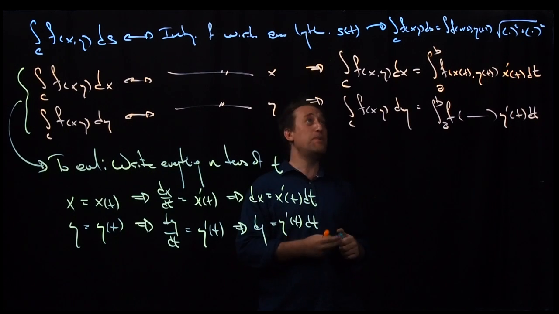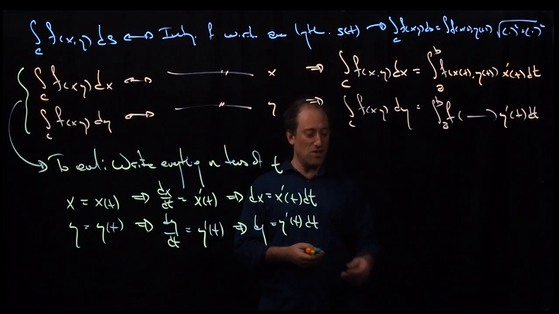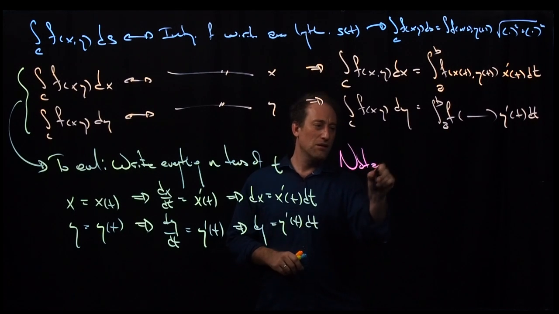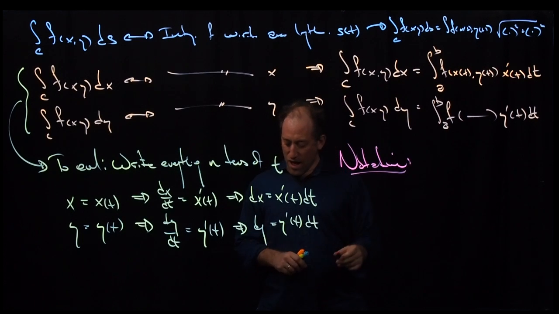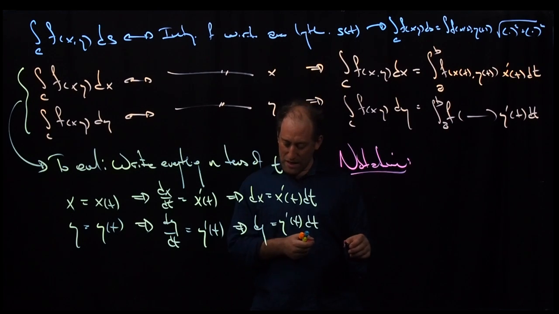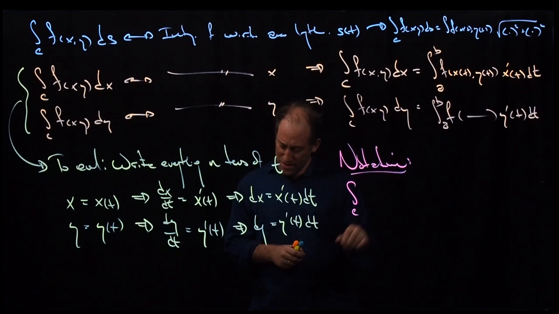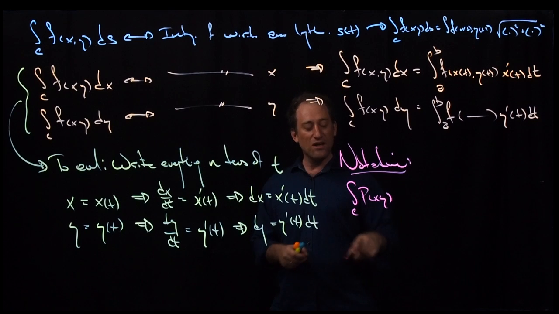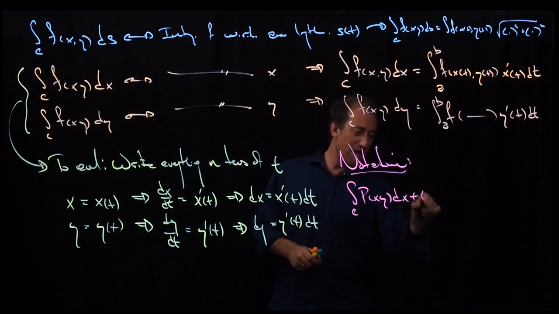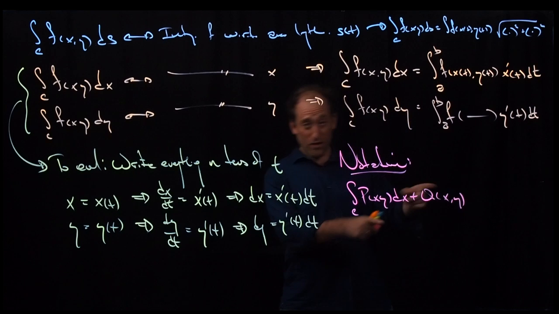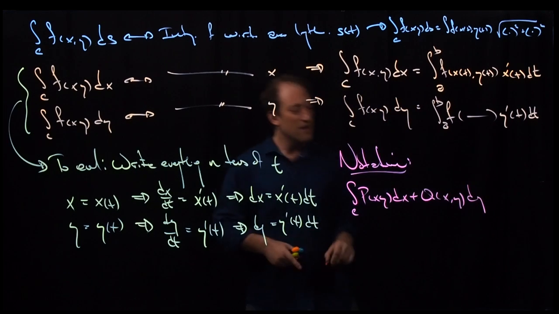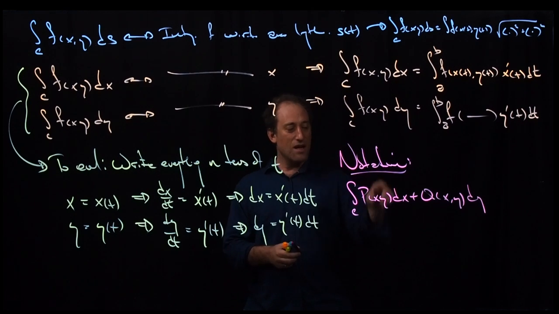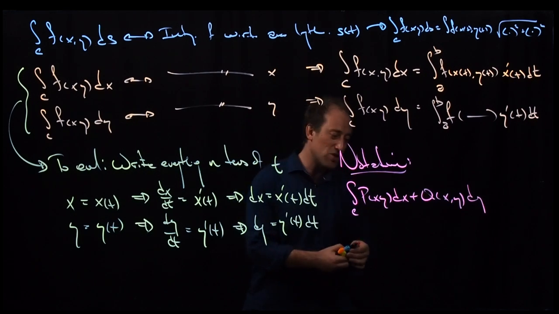Finally, I guess a bit of notation makes following the book easier. I'll often write, for example, and as will the book, the integral of P(x,y) dx plus the integral of Q(x,y) dy, to indicate that I'm integrating P along C in the x direction and Q along C in the y direction.